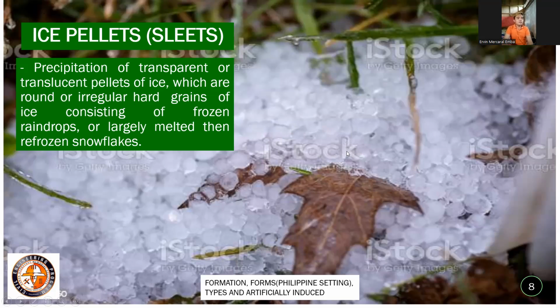Because here in the Philippines, we only have two seasons, which is the rainy season and the dry season. So snow cannot be produced.